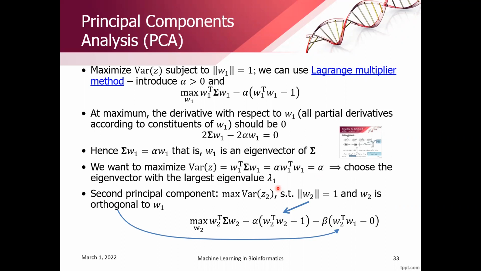For the second principal component, we would like to maximize the information. The transformation according to the first principal component will transform each of these vectors into one coordinate, and we would like to add a second coordinate.